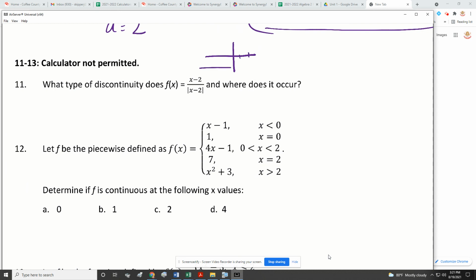So this graph should look like this. And it is a jump discontinuity, and that happens at x equals 2. So it's a non-removable jump at x equals 2.